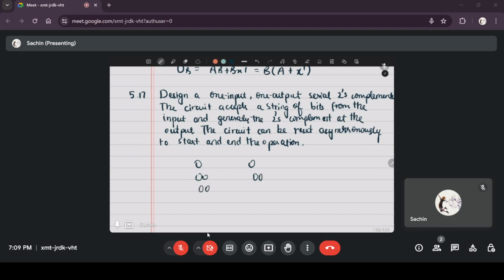Suppose you have a 0 0 1 at some point. Initially, suppose you give a 1, two's complement of 1 is 1. If I give a 1 1, two's complement of that is 0 1.